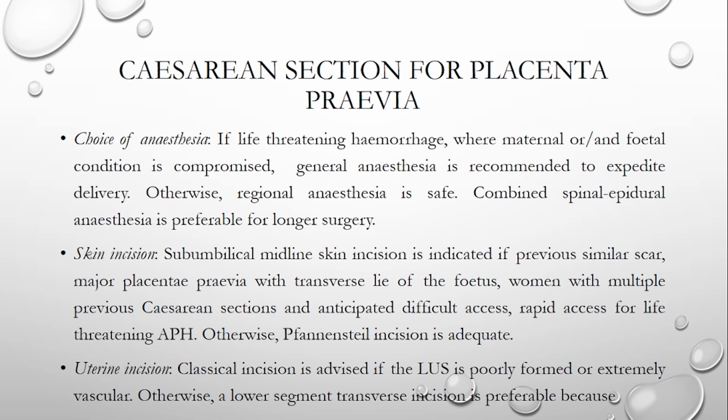The uterine incision. If the lower uterine segment is poorly formed, it's always better to do a classical incision in the body, in the upper segment. Your incision may be 2/3 in the body of the uterus and 1/3 in the lower uterine segment. But if the lower segment has been well formed, a transverse incision will be preferable.